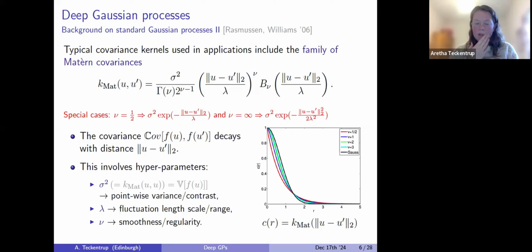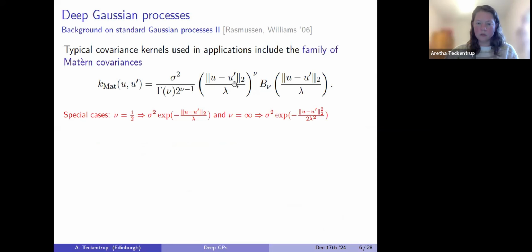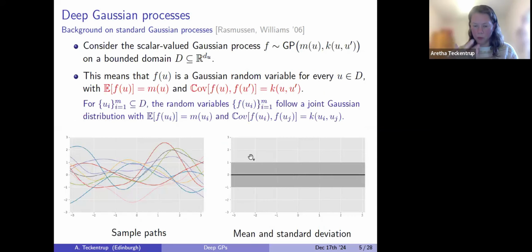So by looking at the expression, you can see the way that you model the covariance is really as a function of the distance. So the covariance between f at u and f at u prime, which is really what this covariance kernel is exactly equal to, depends on how far u and u prime are apart. Right? So that makes sense if you think back to what you're actually doing.